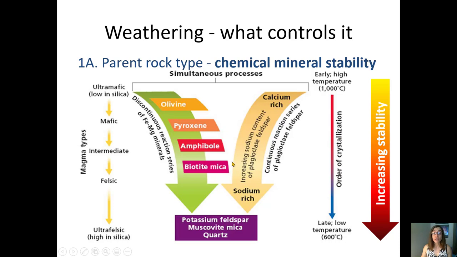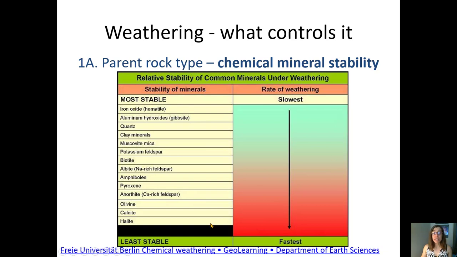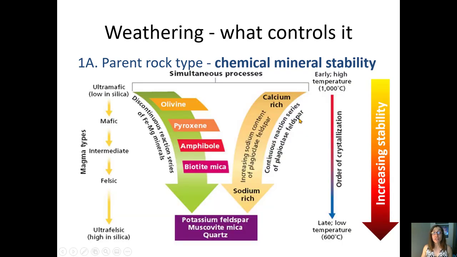This is in contrast to things like micas, feldspars, and quartzes that crystallize out at lower temperatures, about 600 degrees Celsius from our igneous melt, and therefore are more stable at the Earth's surface. So this chemical mineral stability diagram follows a lot of this reaction series, from our olivines through pyroxenes, micas, down to quartz.